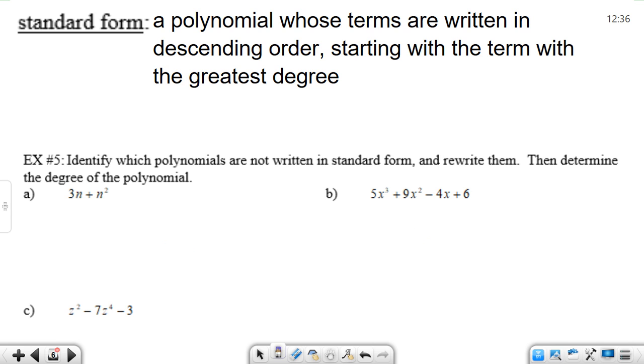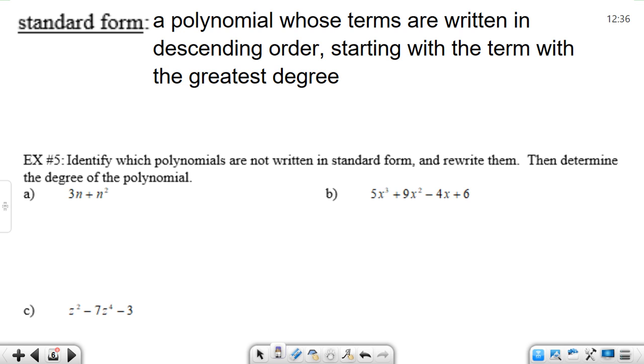So moving on to another term here, we have a new definition for standard form. Very, very important. You guys are going to hear me talk about standard form a lot this year. So standard form is a polynomial whose terms are written in descending order, starting with the term with the greatest degree. So guys, remember, descending order means from largest to smallest.